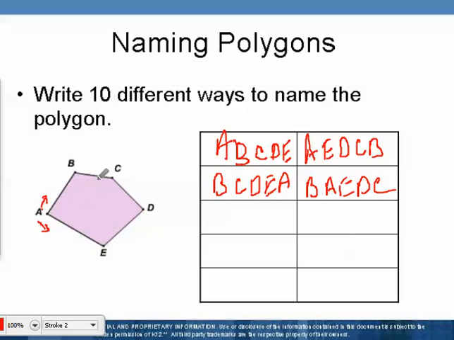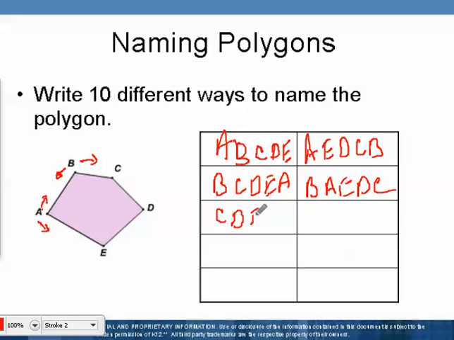Can you see where it depends upon where I'm starting and which direction I'm going around the polygon? But as long as I go around the polygon, naming each one of the vertexes, it doesn't matter how I'm doing it. I'm just going to write the rest of them down here real quickly.